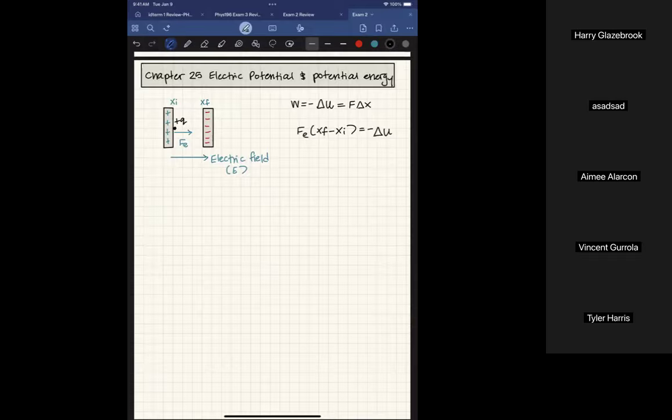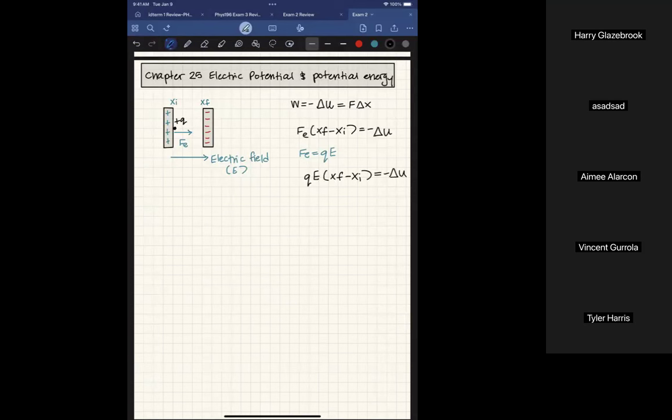Now, my electric force, we know from the first chapter, can be written as our charge times the electric field that it feels. So substituting that in, we have Q times E times our displacement equals negative change in potential energy.